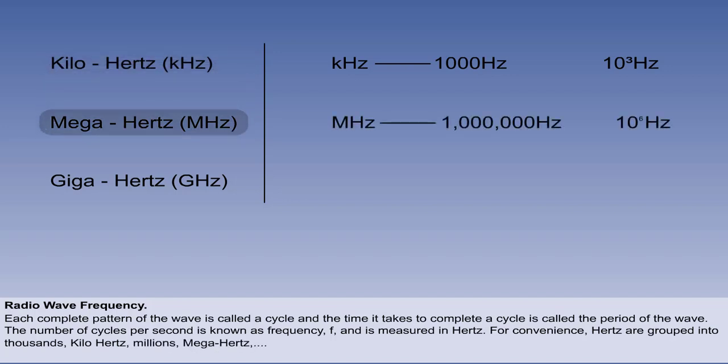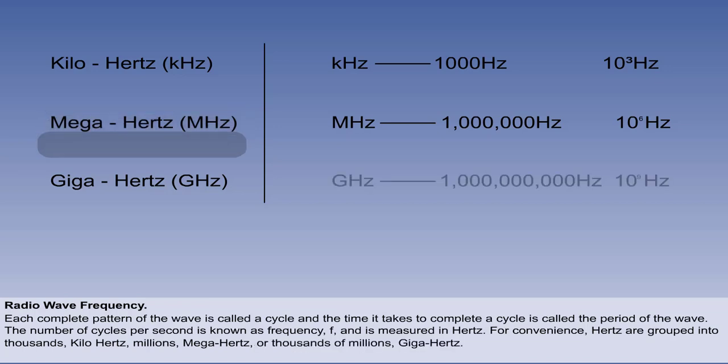Megahertz are units of 1,000,000 cycles per second, that is, 10 to the power of 6. Gigahertz are units of 1,000 million cycles per second, that is, 10 to the power of 9.